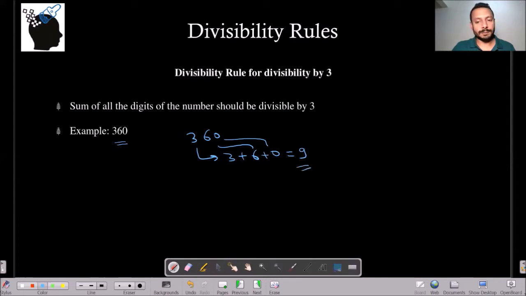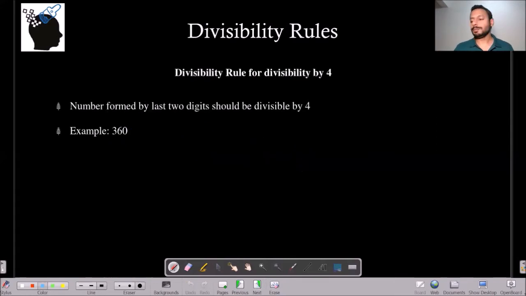And we know that 9 is divisible by 3. That means 360 is also divisible by 3. So remember, you just need to find the sum of all the digits of the number. If the sum of all the digits is divisible by 3, then the number will also be divisible by 3. That's quite easy, right? So let's look at the divisibility by 4 now.